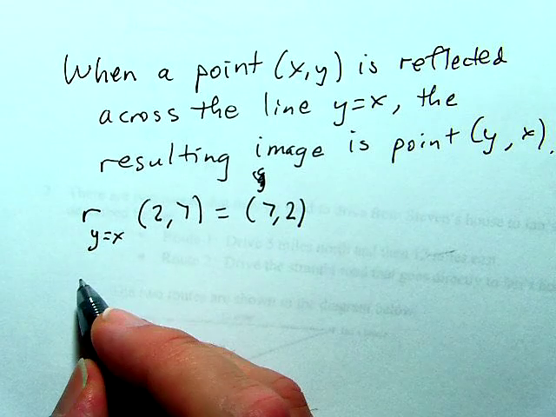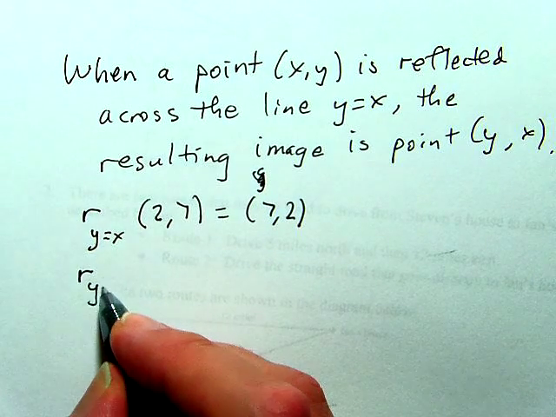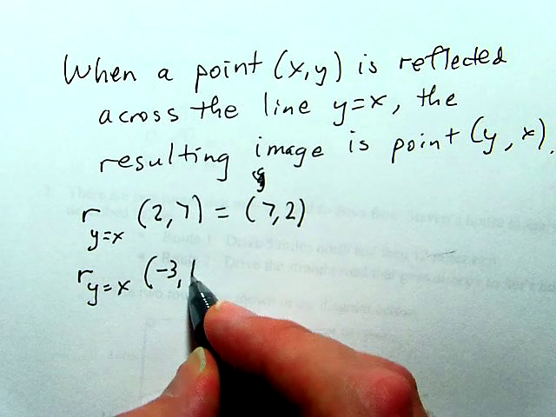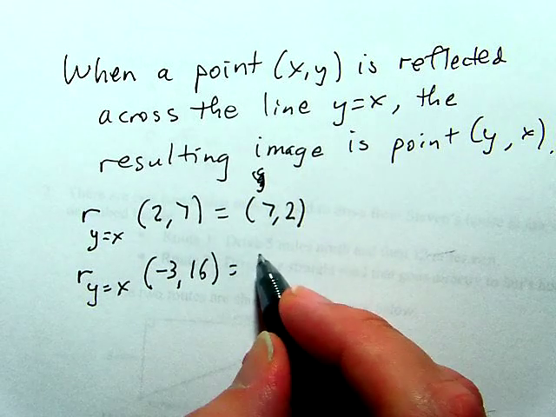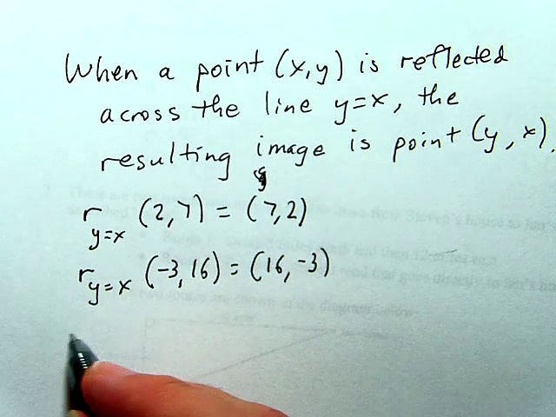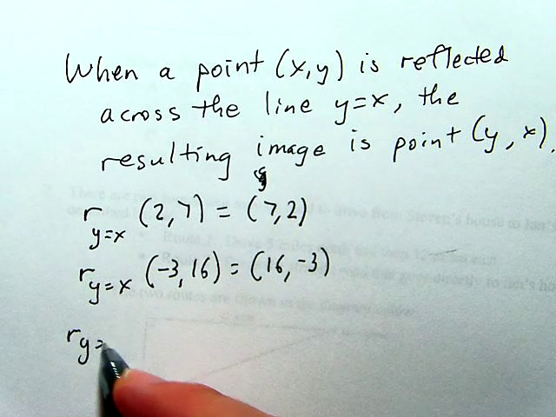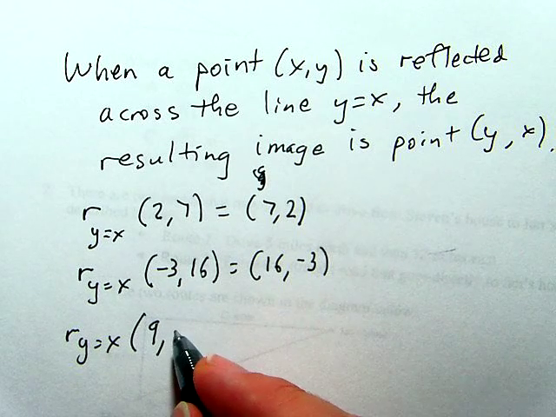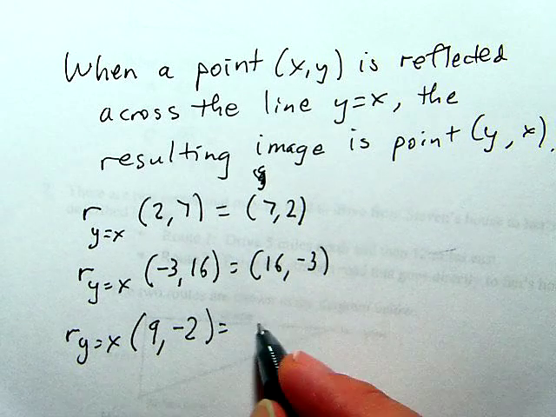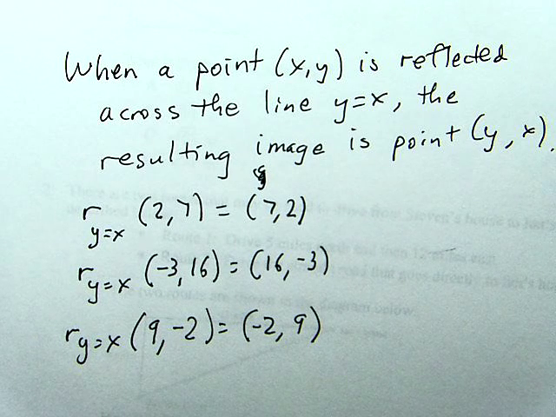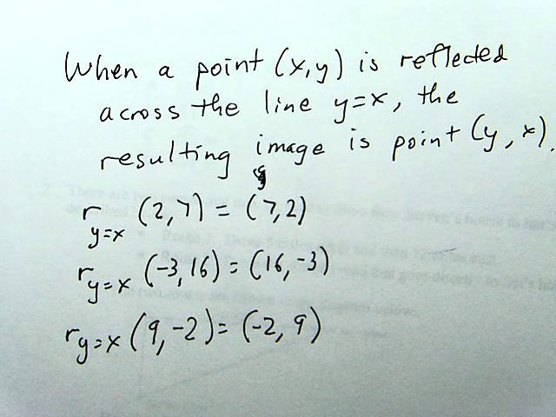The reflection across the line y equals x of point negative 3, 16 would be 16, negative 3. The reflection across y equals x of 9, negative 2 would be the point negative 2, 9. Okay, so I think you see the pattern, and I think you understand the rule.